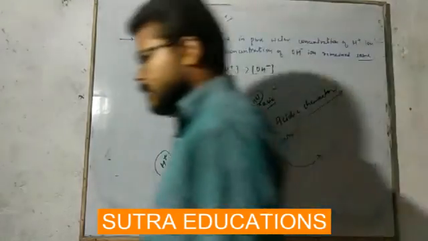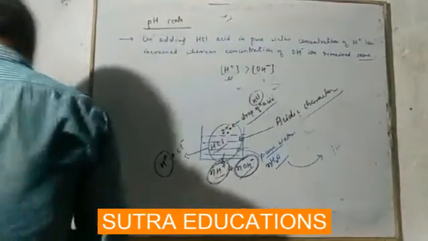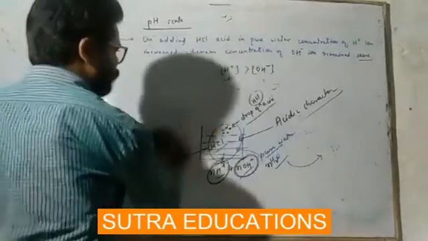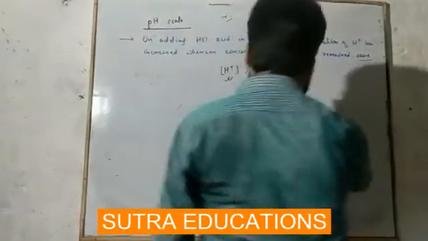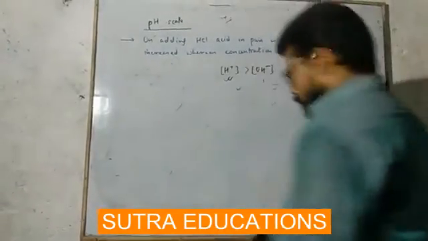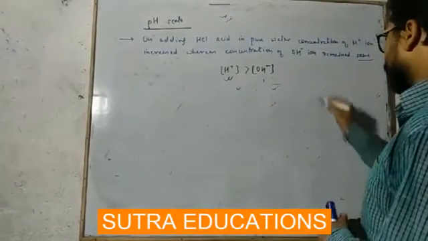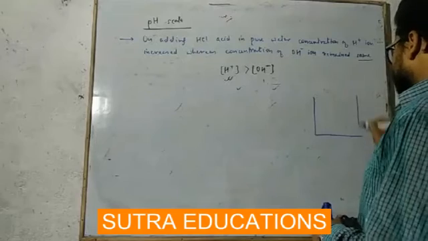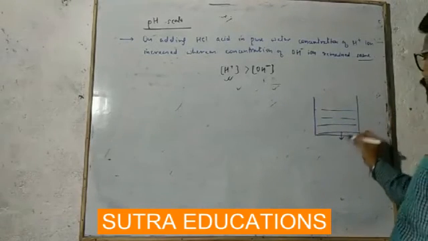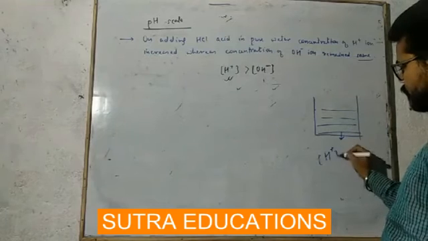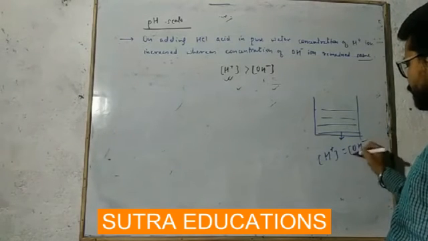Okay, now again we are taking pure water in a container. If it is pure water, then here H plus ion will be equal to OH minus ion.